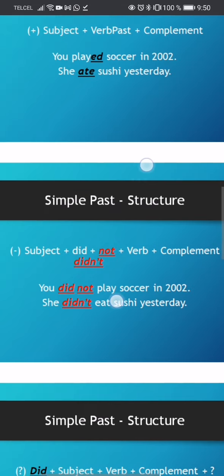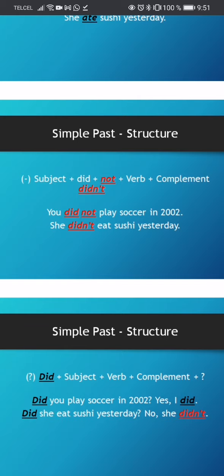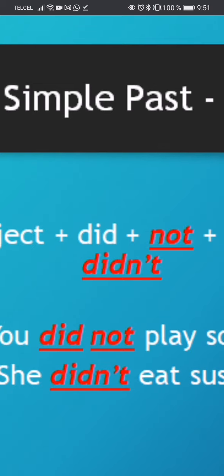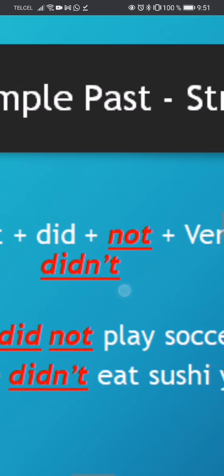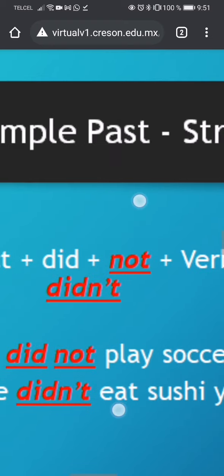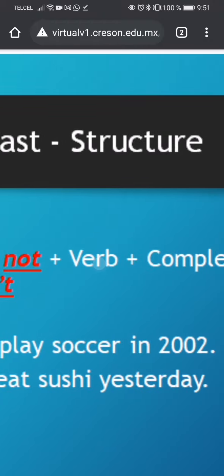Now, negative part. The negative part is very easy. For the negative, we're gonna use the auxiliary did, but we need to complement with the negative part not. So you have the option to use did not or the contraction didn't. And when you use the auxiliary did, the verb change to the base form.